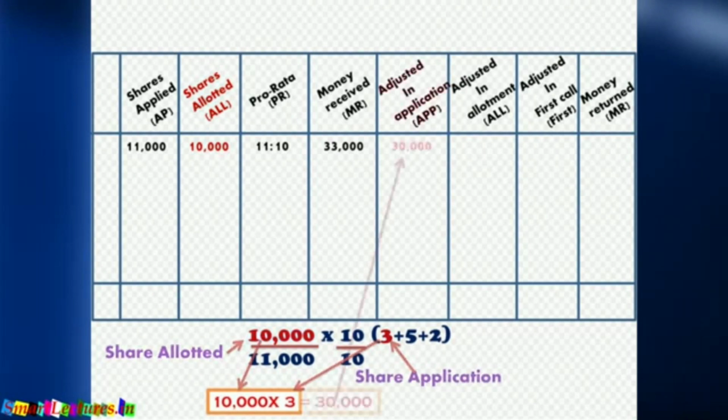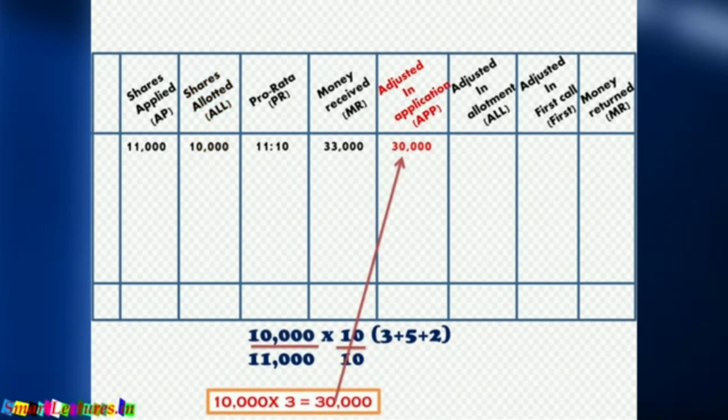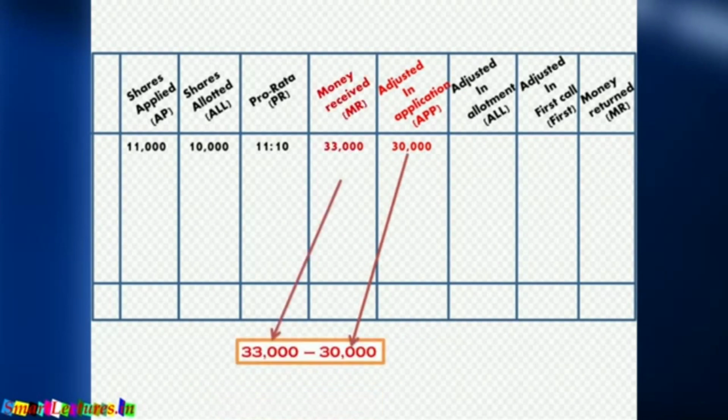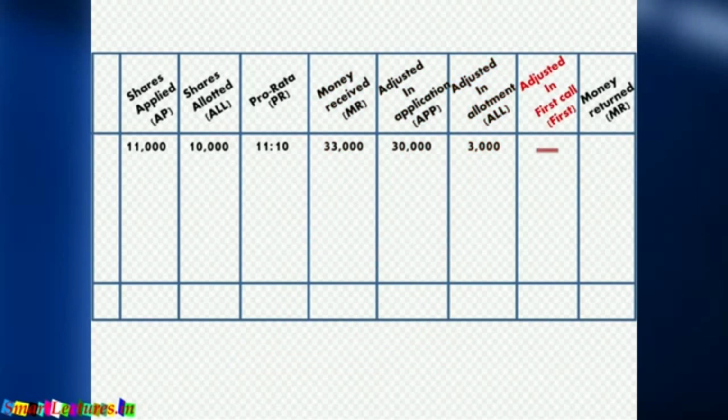It means out of 33,000 money received, 30,000 has been adjusted in application, and the balance of 3,000 will be adjusted in allotment. That is 33,000 minus 30,000 is equal to 3,000. This is the advance money for allotment. And then first call nothing, money returned nothing.